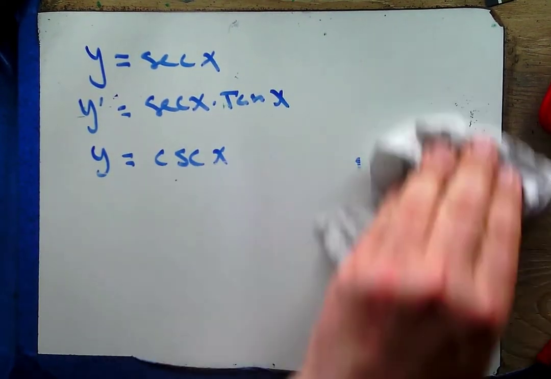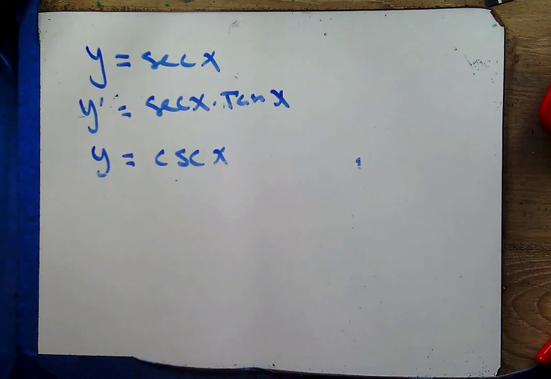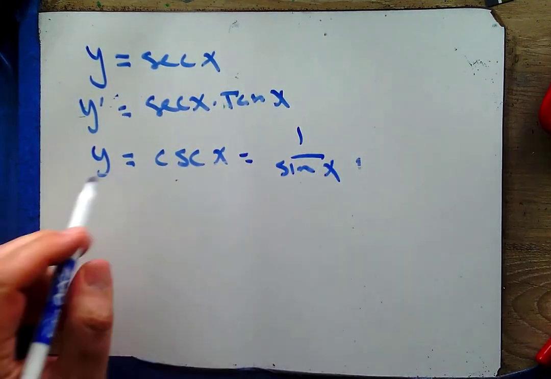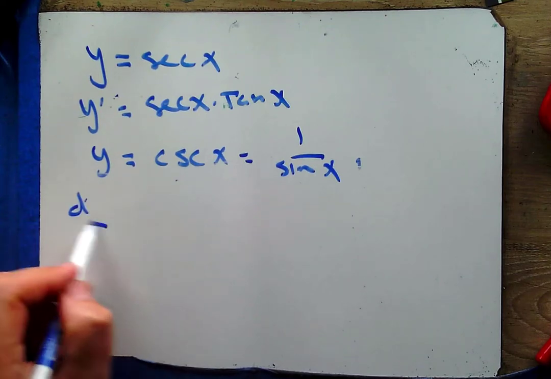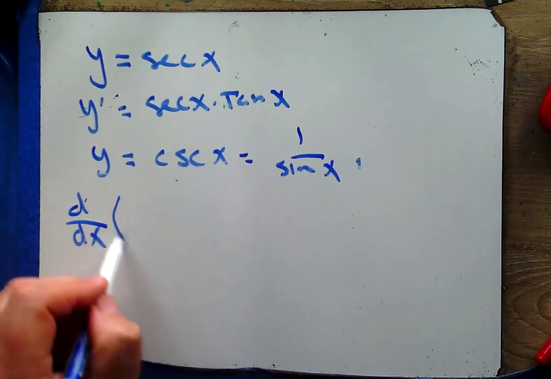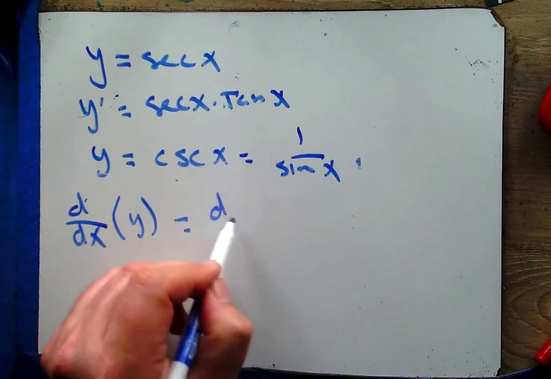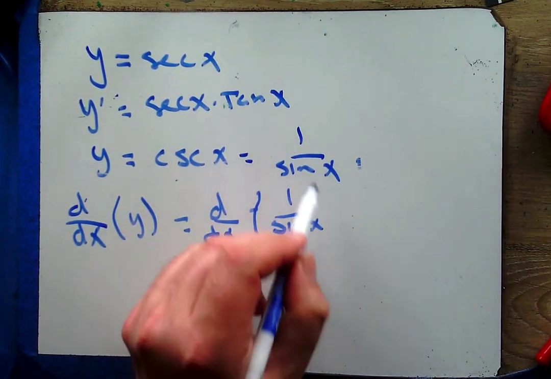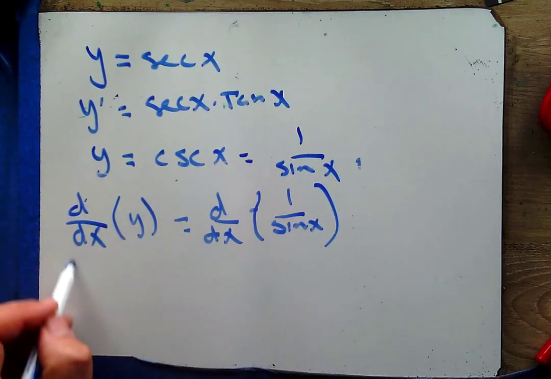Okay, pause the video if you haven't already. Give it a try. For me, I see 1 over sine x. So if I take the derivative of both sides, I see that I have to use the quotient rule.